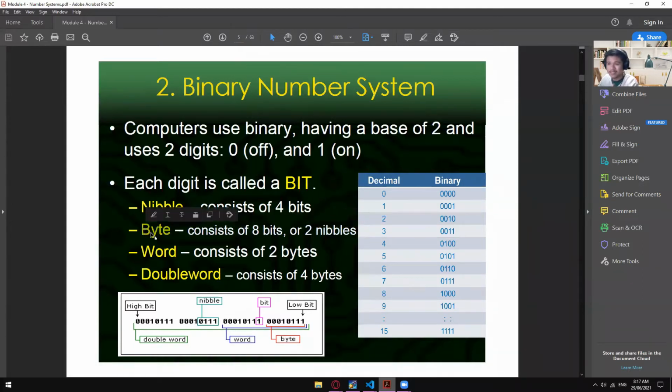So maybe this is now the one that you are always hearing, especially right now, like, started with bit, and then nibble, and then byte, and then kilobyte, and then megabyte, and then terabyte, and then petabyte, and so on and so forth. Okay, so as of now, we only have petabyte, I guess. I'm not sure if there is already a larger size of that one, but mostly we only have terabyte nowadays.